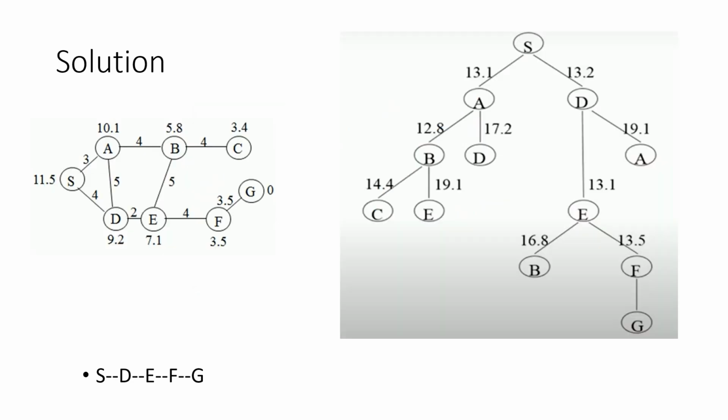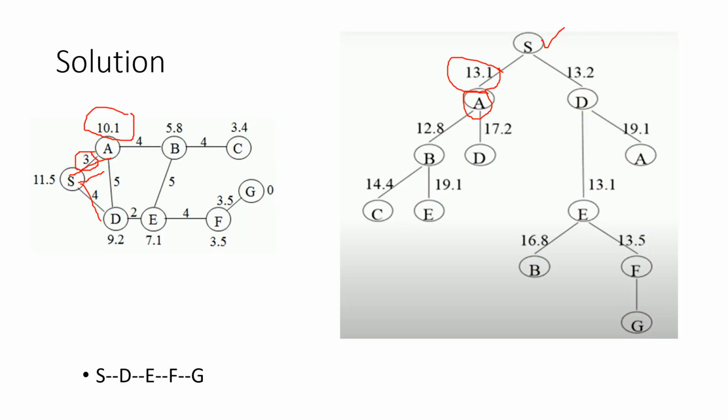Here we can see the solution. We are starting from the starting node S. We have two neighbors, A and B. Here you can see A and B. So we will calculate f of n. For A, it is g of n plus h of n. From start node to A, g of n is 3 and h of n is 10.1. So it will be 13.1.